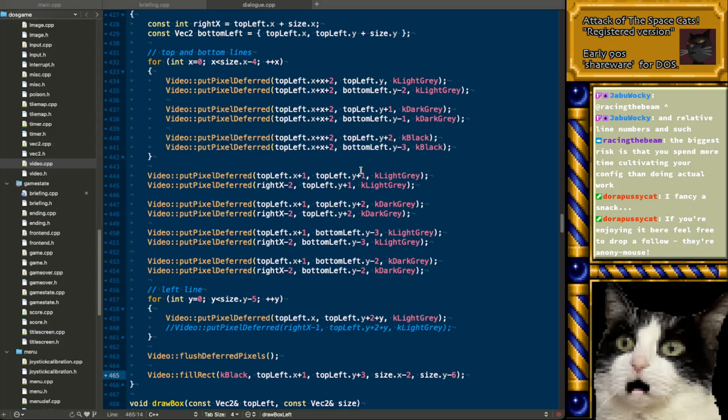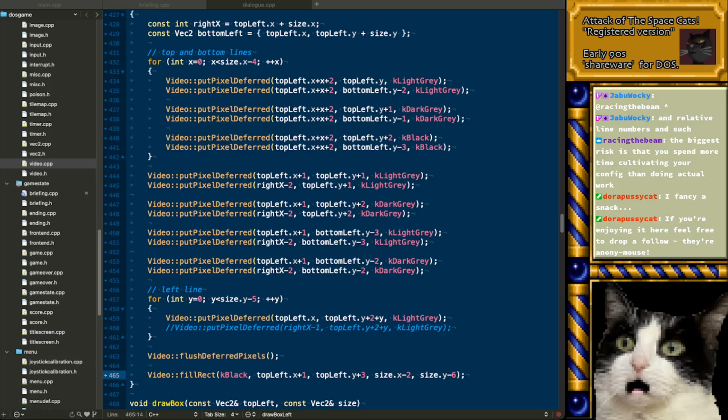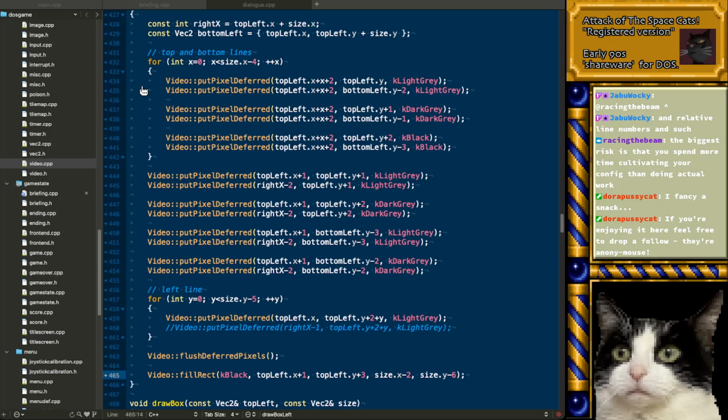Right. Tell you what I should do. Where's a sprite gone? There's an ace sprite here somewhere. There it is. I should open that file in a sprite editor and then we can have a look at it.